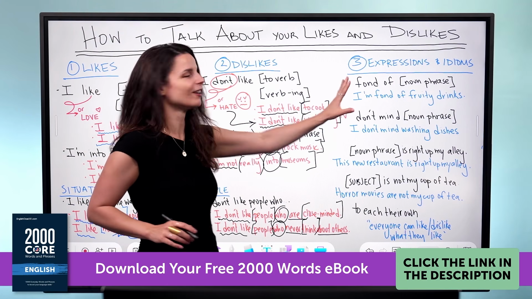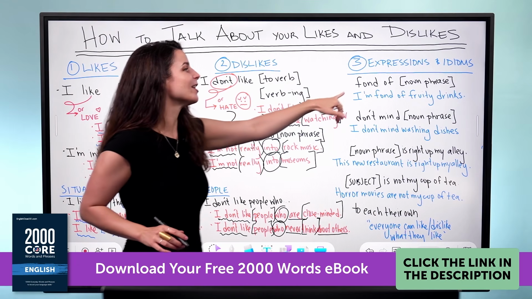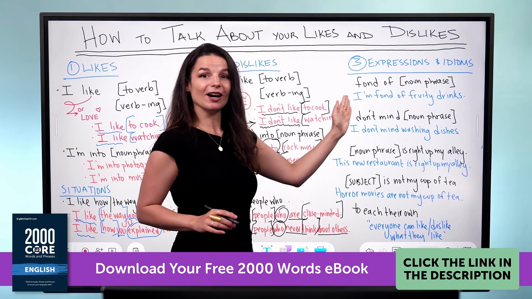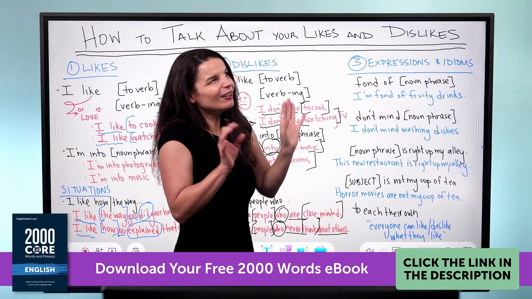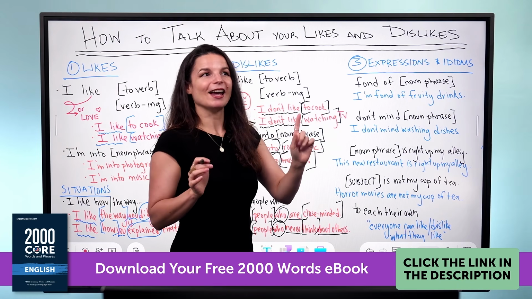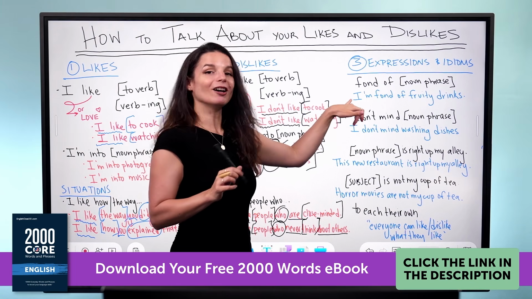I love to talk. So let's finish with some easy expressions and idioms. First is fond of plus noun phrase. Fond of is a little old-fashioned way to say, I like this thing a little. So I'm fond of fruity drinks.